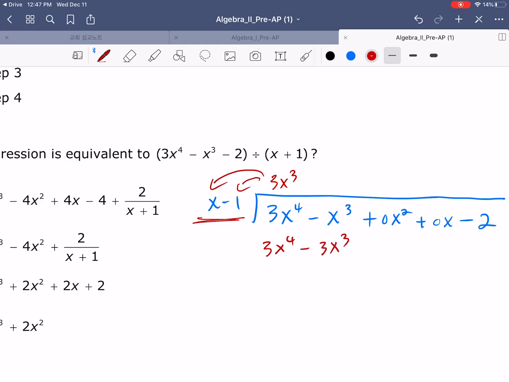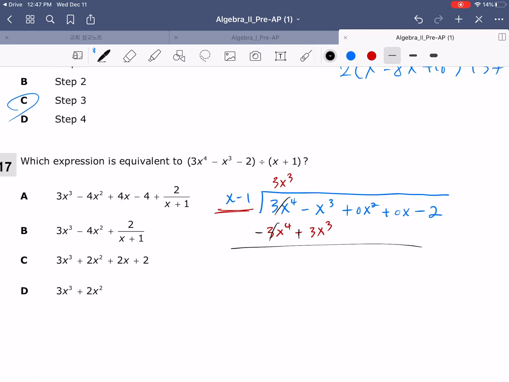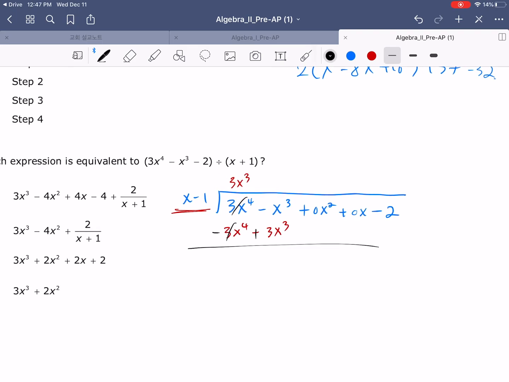Here, I'm going to subtract it, which means I'm going to switch all the signs. This one cancels away. Negative x cubed plus 3x cubed is going to be positive 2x cubed. You bring it down, plus 0x squared.